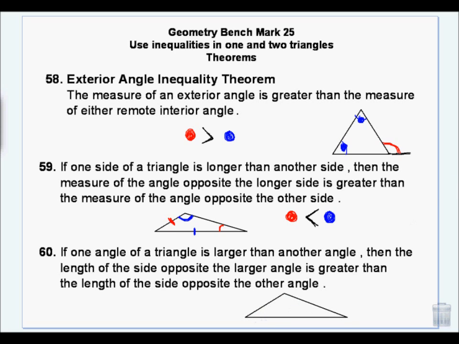And this is the exact same thing except opposite. What this says is if I have an angle that's larger, so if this angle here, this red angle, is larger than the blue angle, then the red side is going to be larger than the blue side.